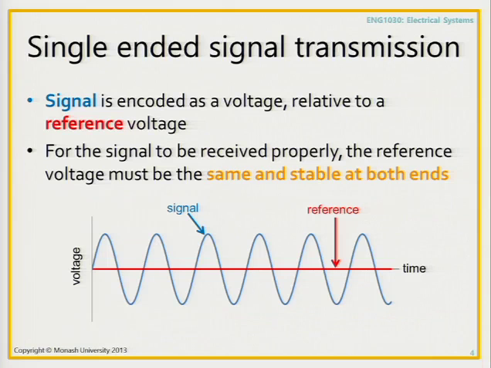Okay, so to put it in context, the first thing you would need to know is what is single-ended signal transmission. So when we're talking about signal transmission, so far we've talked about, well, this is the value of voltage at this time, and the value of voltage changes with time, telling us a certain quantity. So in this case, the blue sine wave here, we could say is a temperature signal.